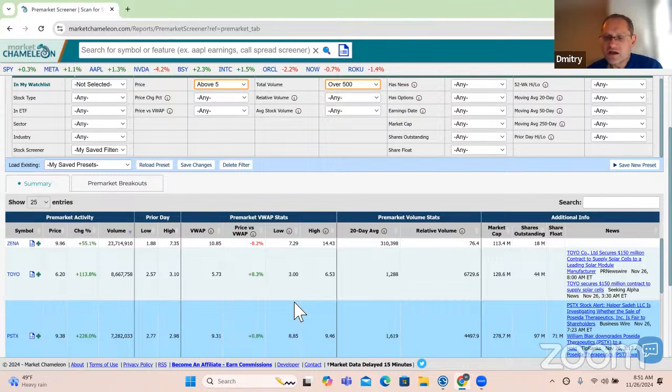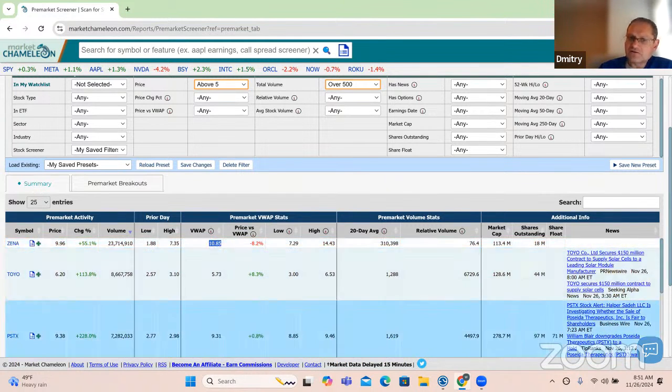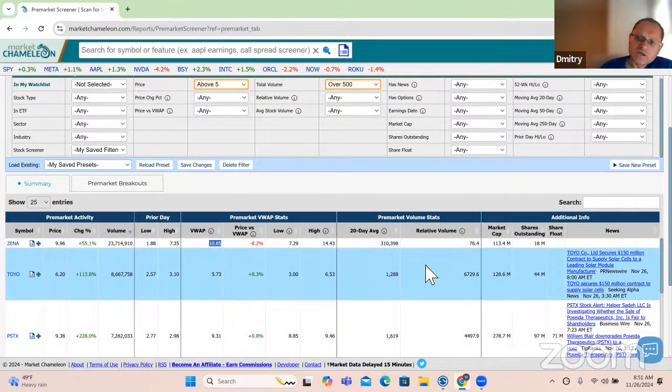So we'll use VWAP prices, which are volume weighted average prices, to smooth that out. Here the VWAP is $10.85. This represents the volume weighted average price of all the trades in the pre-market. If we took the trade price, multiplied it by the volume, the number of shares that traded at that price, summed them all up, and divided by the volume, then you get this VWAP price.